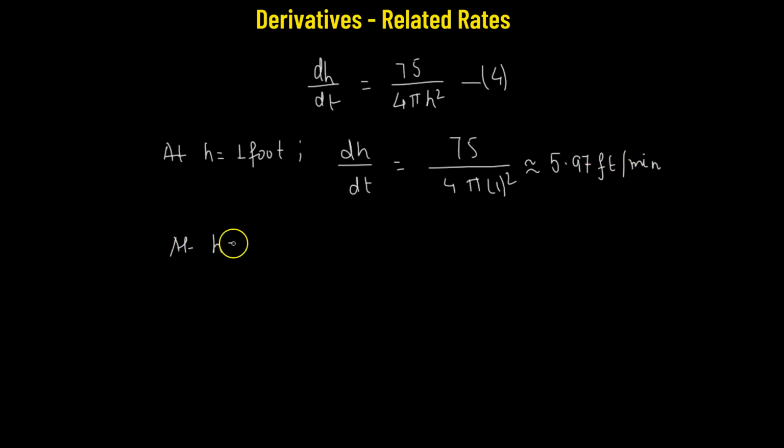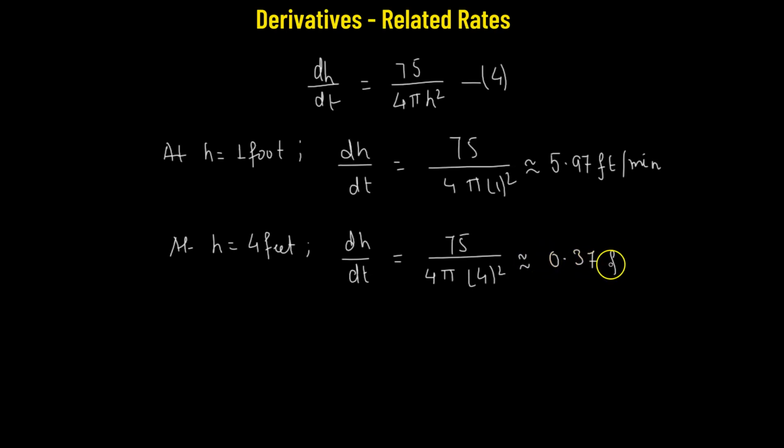And at h equal to 4 feet, when the water level has increased to 4 feet, dh over dt is equal to 75 divided by 4 pi times 4 squared, and this gives the value 0.37 feet per minute. Here we can see there's a huge difference in the values. The first is approximately 6 feet per minute.